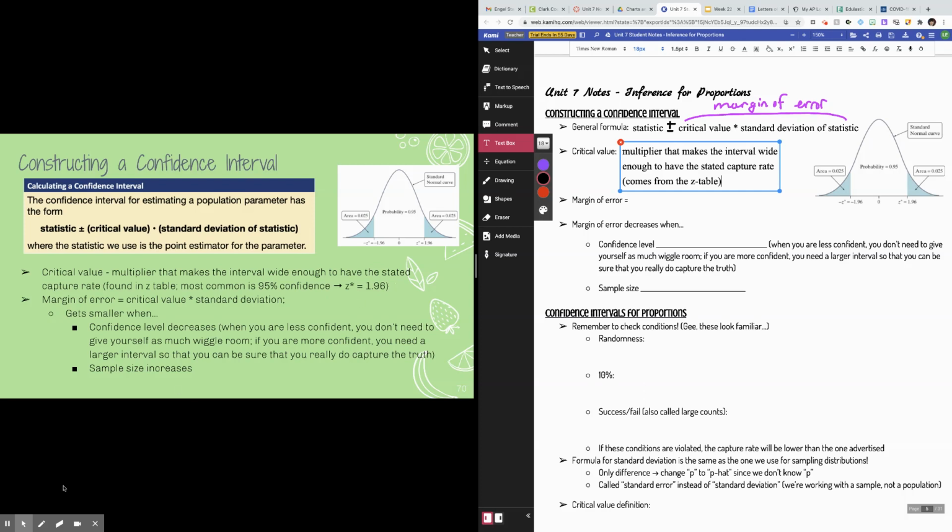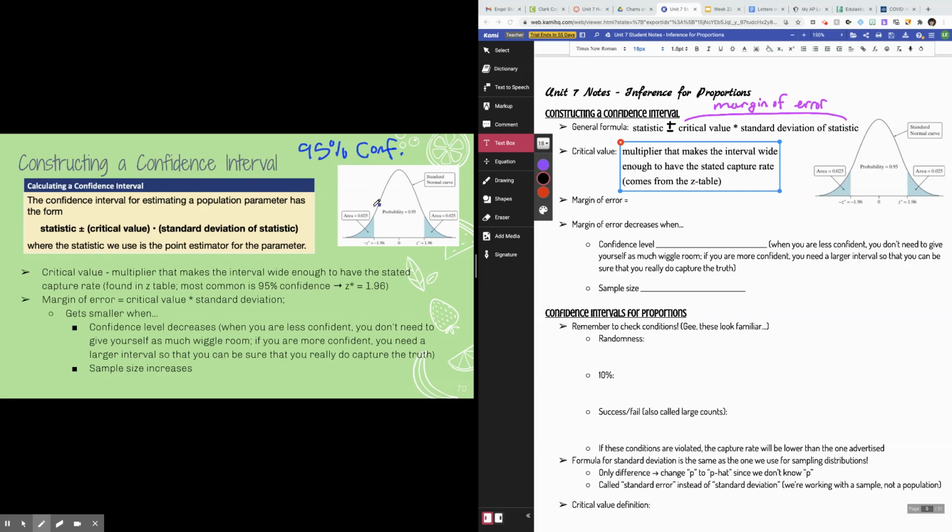As you can see in this picture of the standard normal curve, if I want to have a 95% confidence level, then I need a multiplier to make my interval wide enough so that I can be 95% confident that my interval captures the truth.